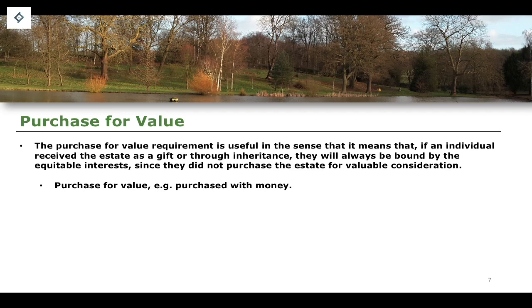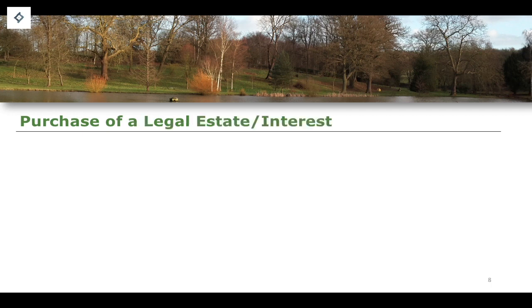So consideration in the sense that, for those of you who have studied contract law, it's a similar thing. You're getting something for something else, okay? And if you are purchasing an estate, you are getting the estate in return for some kind of value. And this value is often defined in money. So you are purchasing for money. So this essentially delineates those who are actually purchasing estates from those who are gaining estates through gift or through inheritance. So that's what this particular requirement shows us.